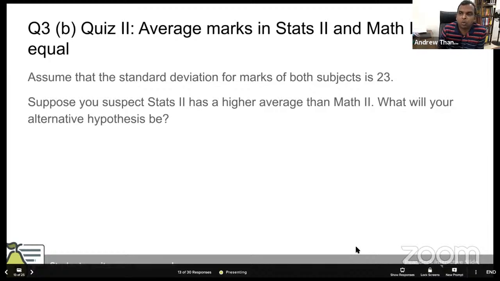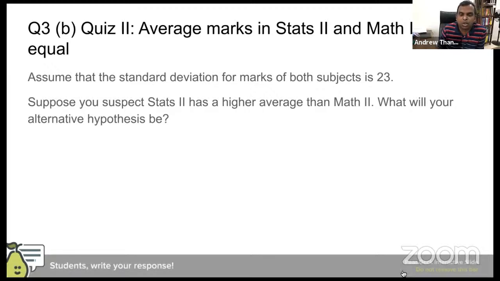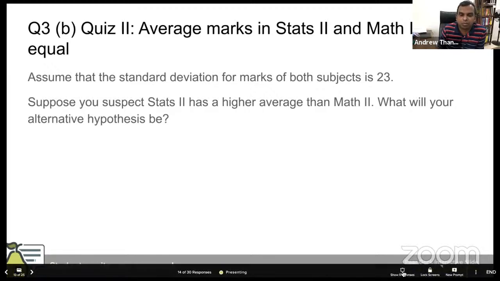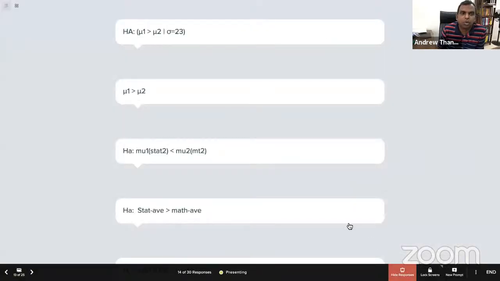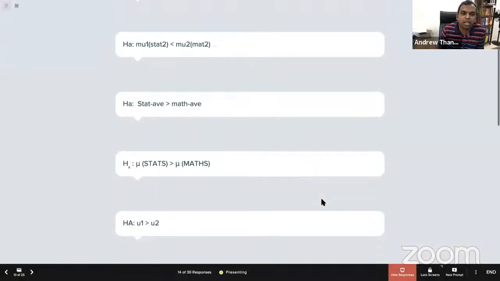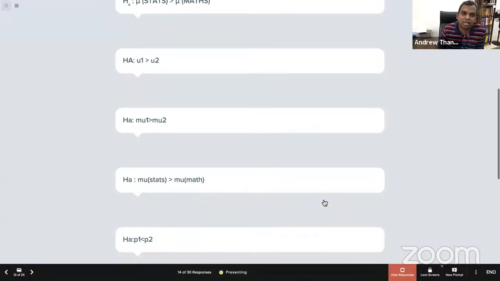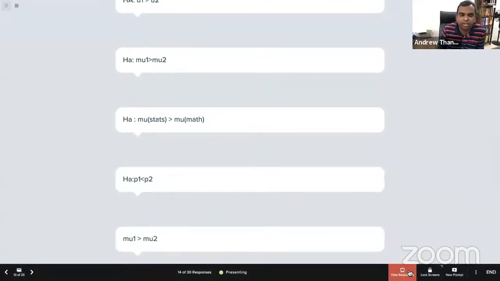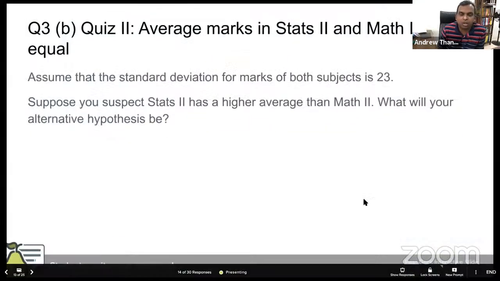If you say mu1 is for stats, mu2 is for math, what's going to be your alternative? Mu1 greater than mu2. Yeah, stats average greater than math average. Good. So up to this point, everybody is clear.